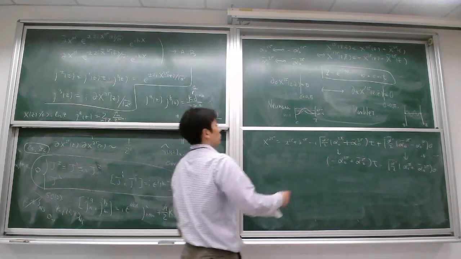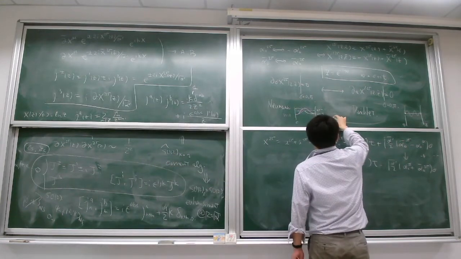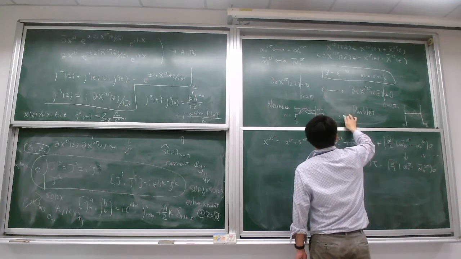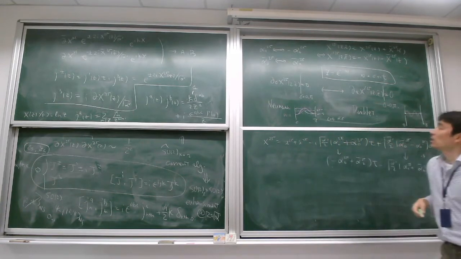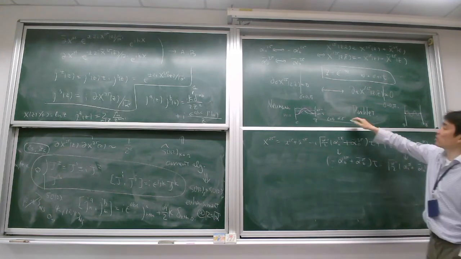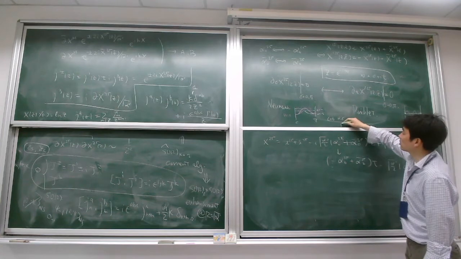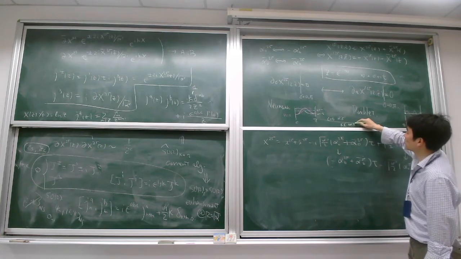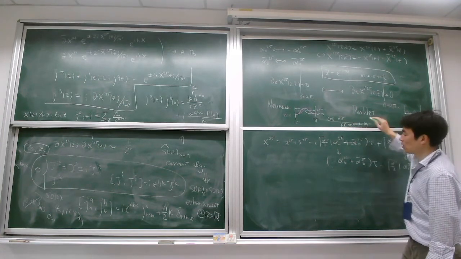In other words, you essentially have a cos of n times sigma, something like this. So that's the wave function, and n is the momentum. So n is the Kaluza-Klein momentum.